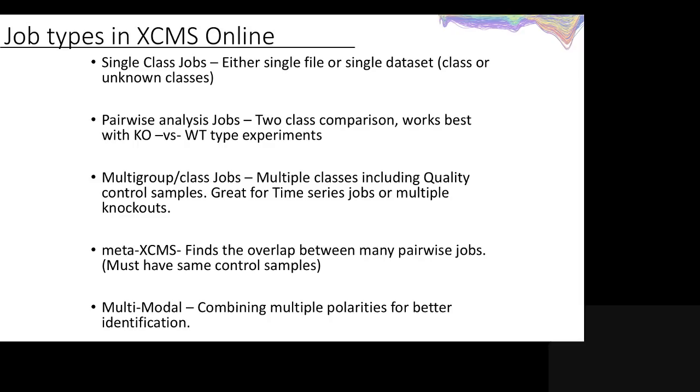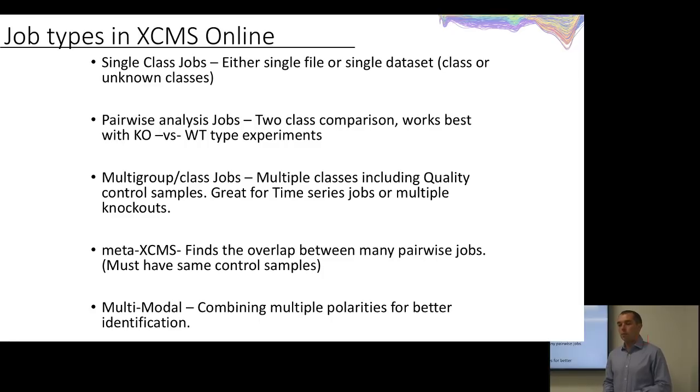With Meta XCMS, we're changing it so you can go back and look at old samples and old jobs, and run that data set against a newer data set. We'll have future streams about this and talk much more in detail in the coming months.